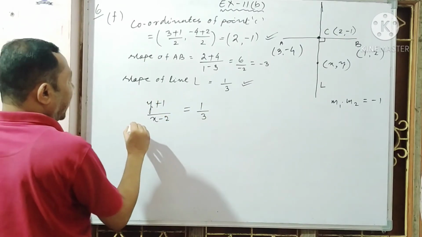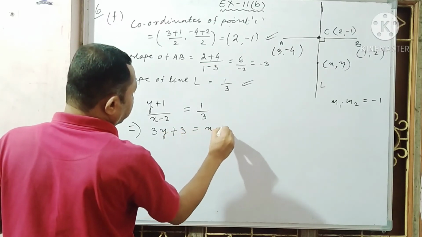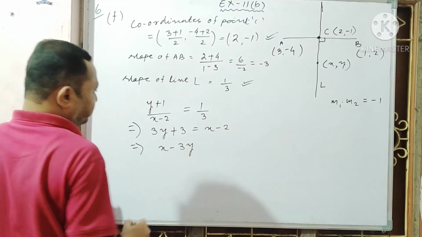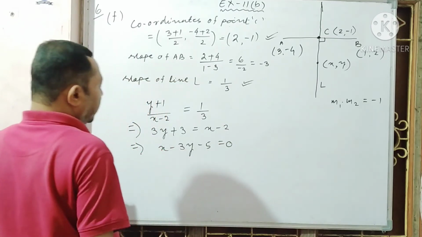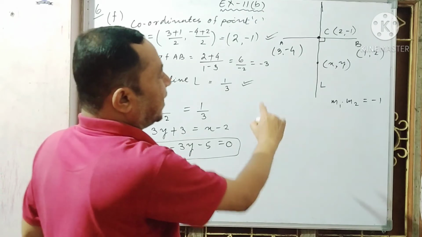So this implies 3y plus 3 is equal to x minus 2, or x minus 3y minus 5 is equal to 0 is the required equation of the straight line L.